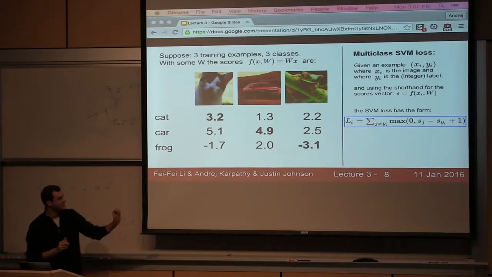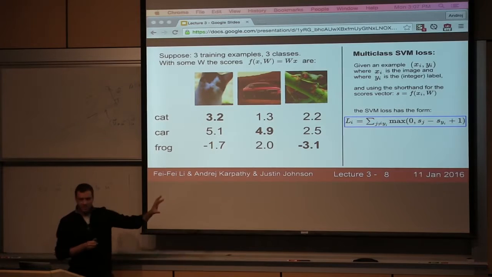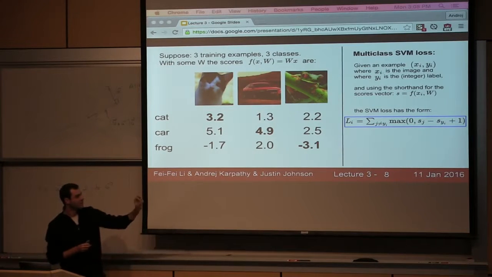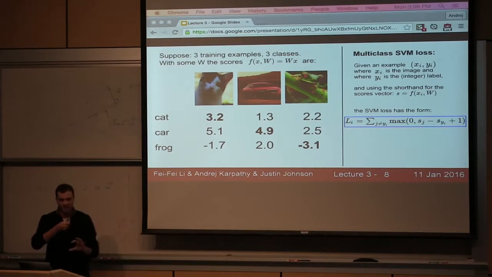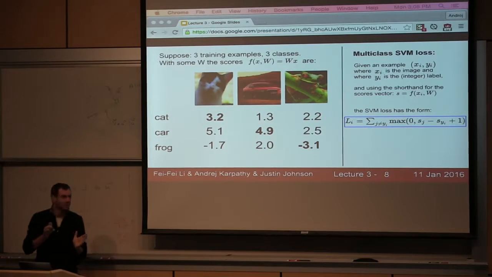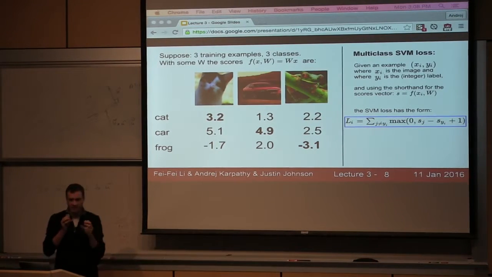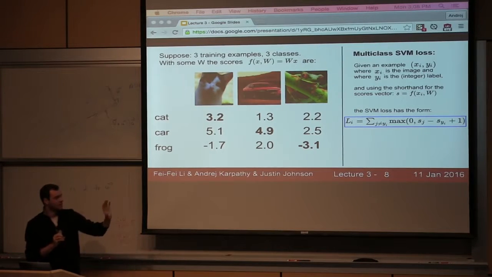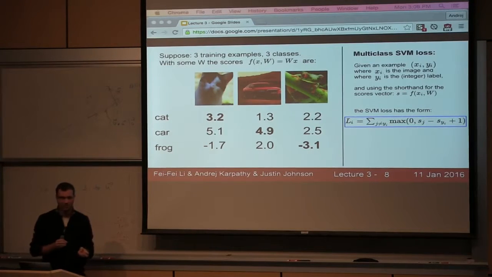So what's going on here is we're comparing the difference in the scores, and this particular loss is saying that not only do I want the correct score to be higher than the incorrect score, but there's actually a safety margin that we're putting on. We're using a safety margin of exactly 1, and we're going to go into why 1 makes sense to use as opposed to some other hyperparameter that we have to choose there.